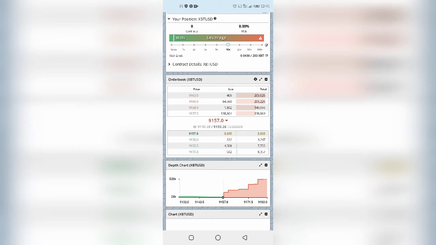Look at the index price, the one with the world sign, 9140. They now have the market price 9159. The last price is 9157. This market price is 9159, and 9140 is the index price.